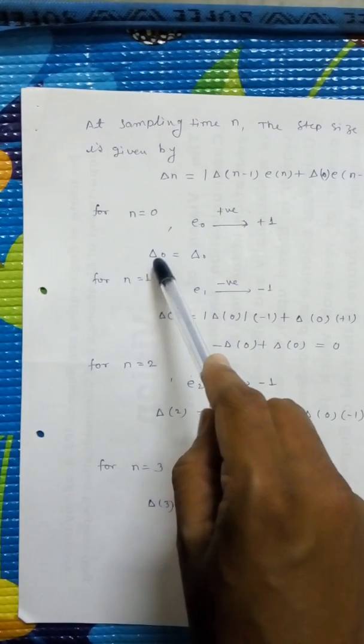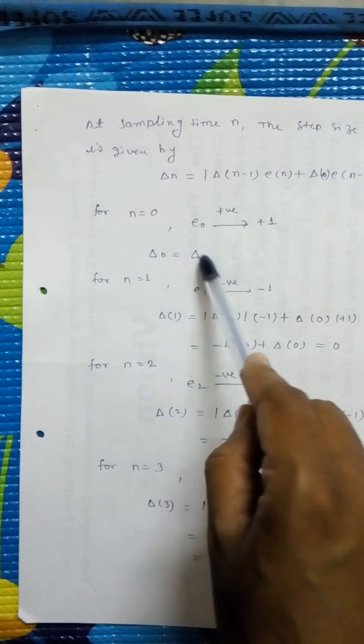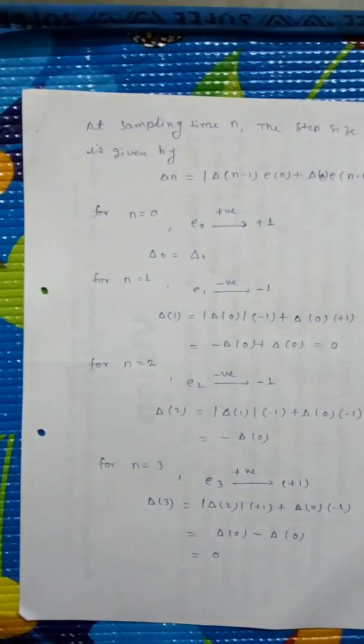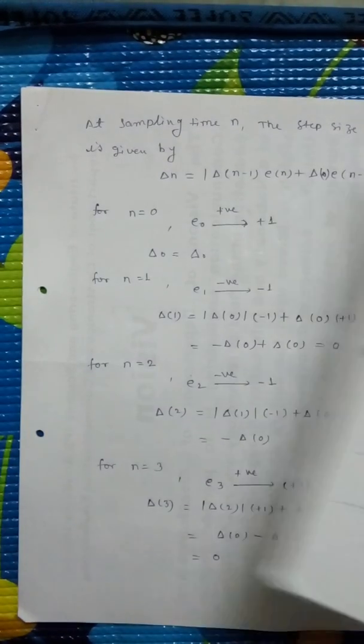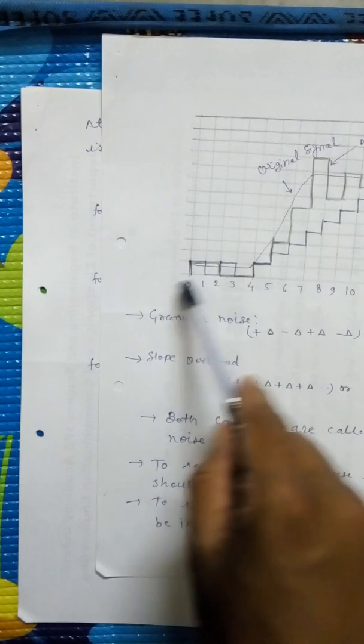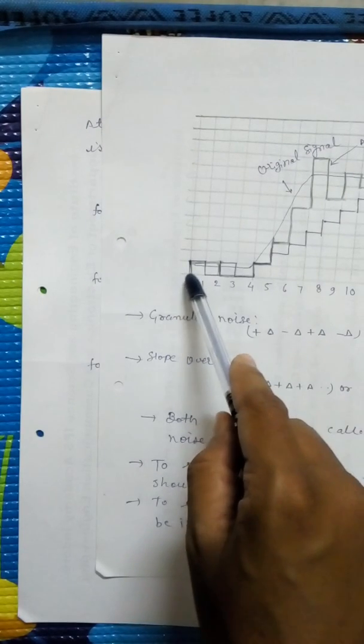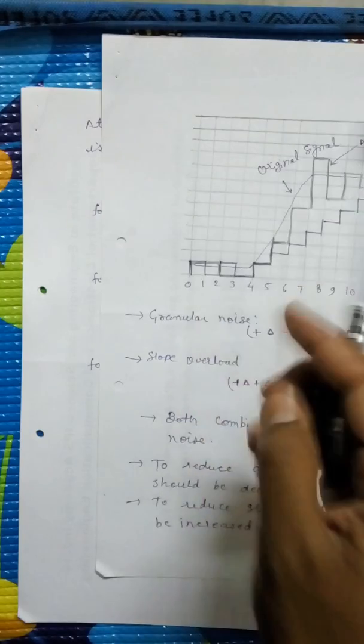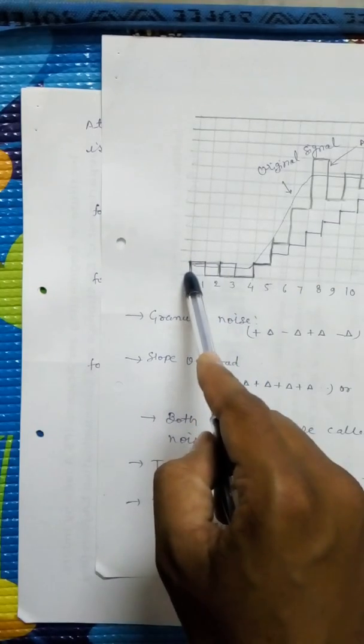So delta 0 will be delta 0. At time instant 0, the step size is delta 0.